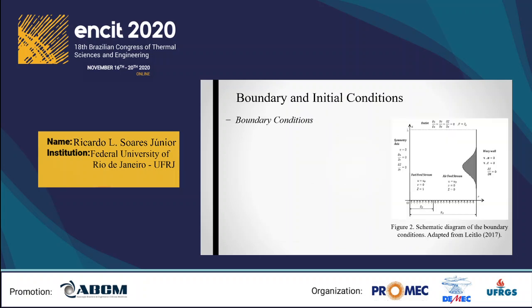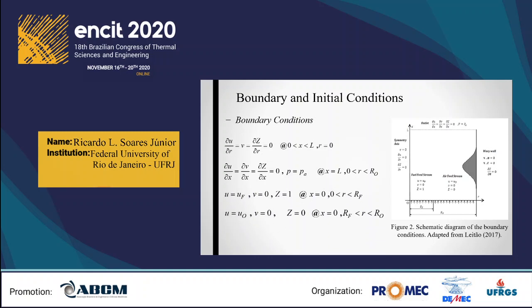The governing equations are subject to the following boundary conditions: symmetry around the center axis, fully developed condition along the outlet of the solution domain, uniform inlet velocity and mass fraction profiles, non-slip condition, and impenetrability condition at the inner wall of the tube.